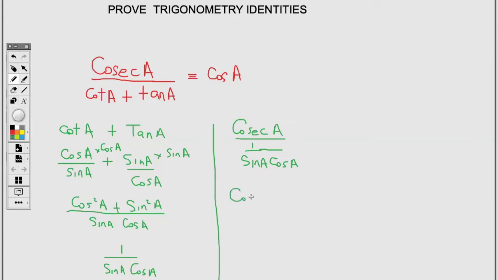Now I can write this fraction in terms of having cosec A, then the slash which separates numerator and denominator rewritten as division, then I have the fraction 1 over sine A times cos A.